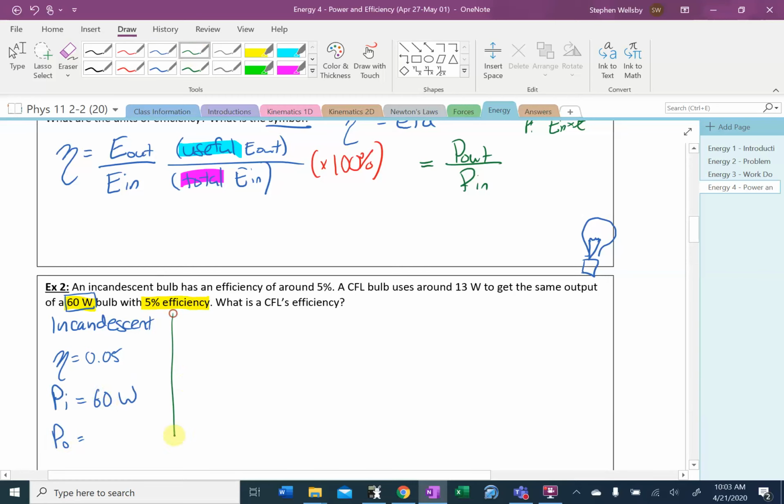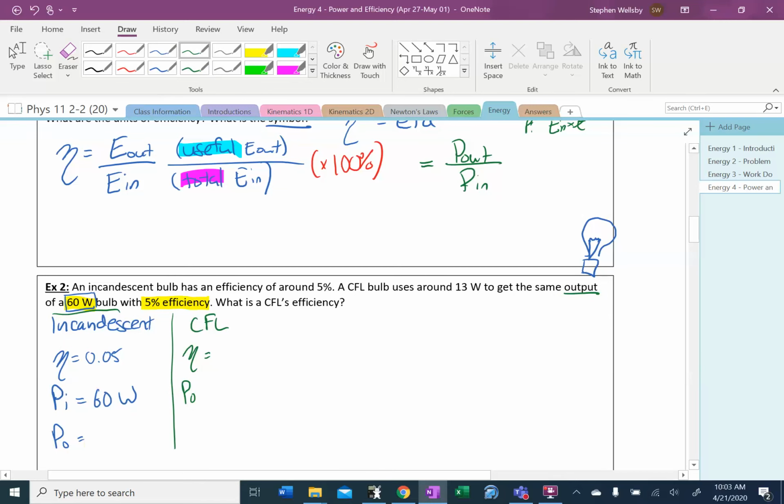Now, if we go over to the CFL, then we have this information. We know that our eta, our efficiency, is what we're trying to find out. We also know that our power out, well, it says here they get the same output power as the 60-watt bulb.